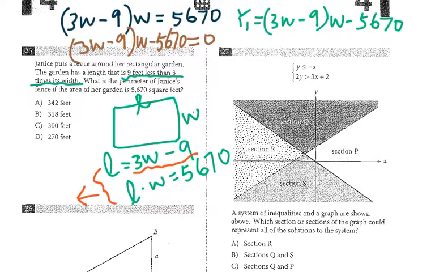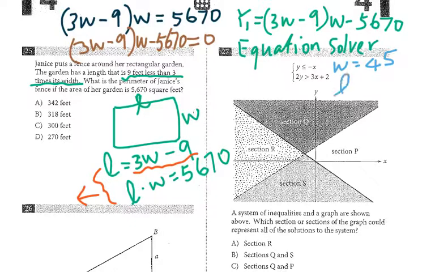Then you go to the equation solver. On the calculator, you will get W equals 45. And then your L equals 3 times 45 minus 9, get the 126.